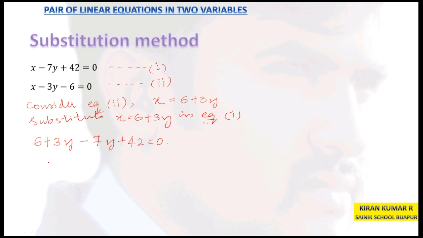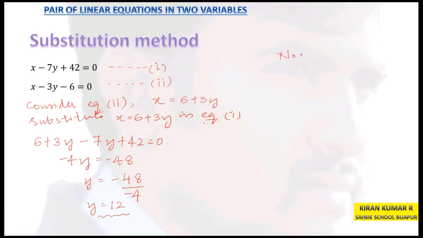Just simplify this equation. 3y minus 7y is negative 4y. 6 added to 42 will be 48. When you transpose that to the right hand side, it becomes negative 48. So the value of y is negative 48 upon negative 4. Just simplify, we get the value of y as positive 12.